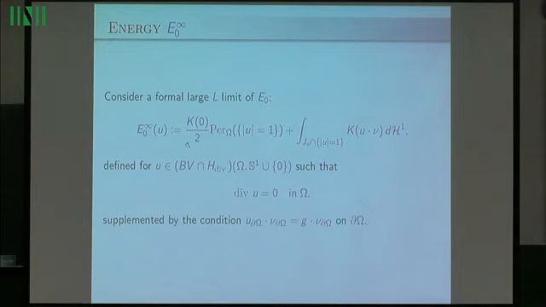One other interesting thing here is that if you let L go to infinity formally, then you end up with some kind of an analog of the Aviles-Giga functional, except that now this is an Aviles-Giga functional which can have both interfaces and walls. So that is a functional which will have two perimeter contributions and divergence otherwise equal to 0 in the bulk.